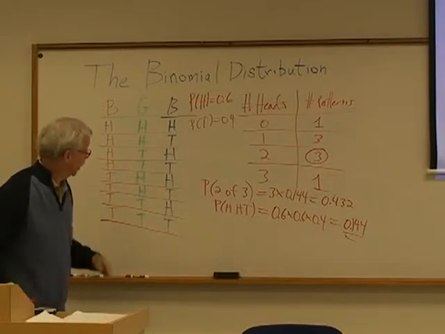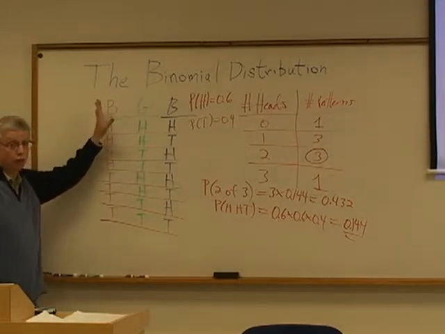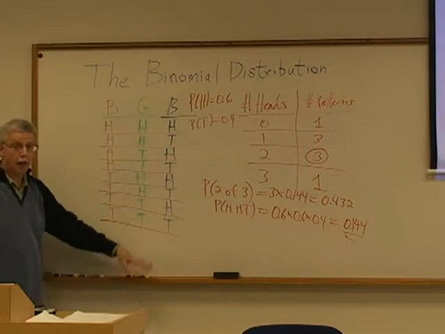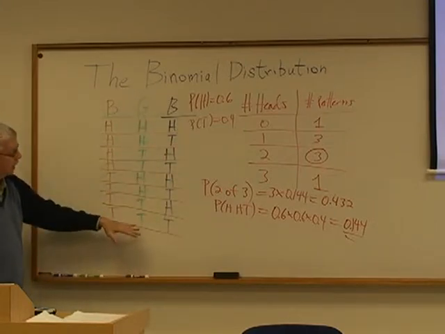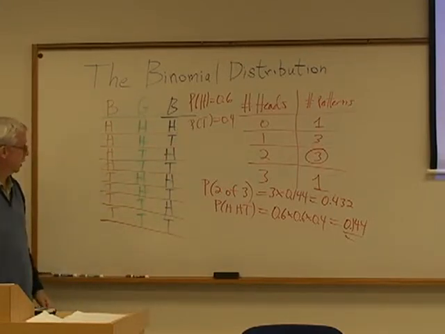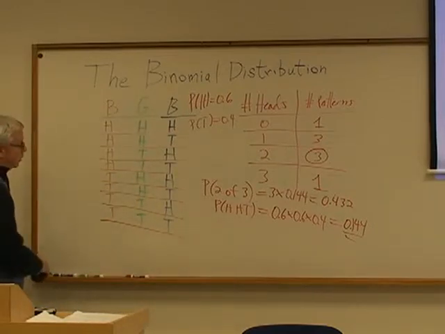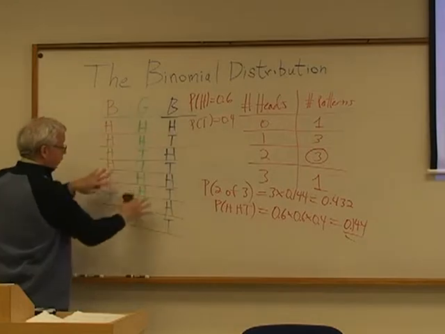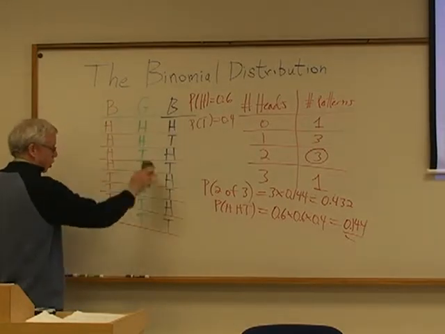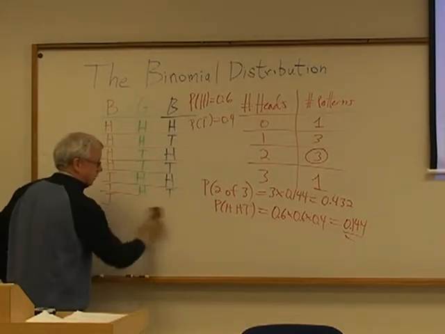Okay, but this could get pretty tedious. If I throw 5 coins, listing all these patterns seems kind of crazy. An interesting thing developed by a mathematician of the 1600s, I'm going to draw it now, lets me do this counting without actually listing all of the possible patterns.